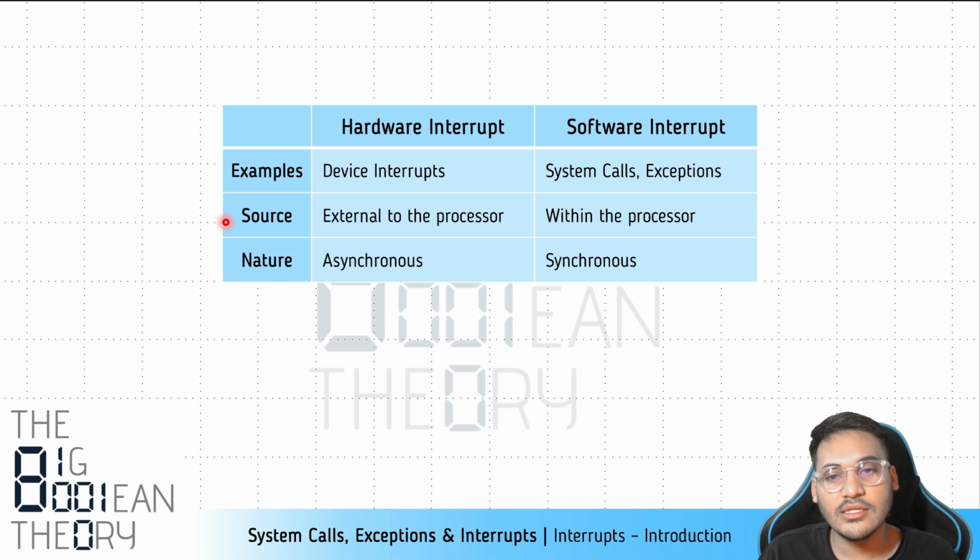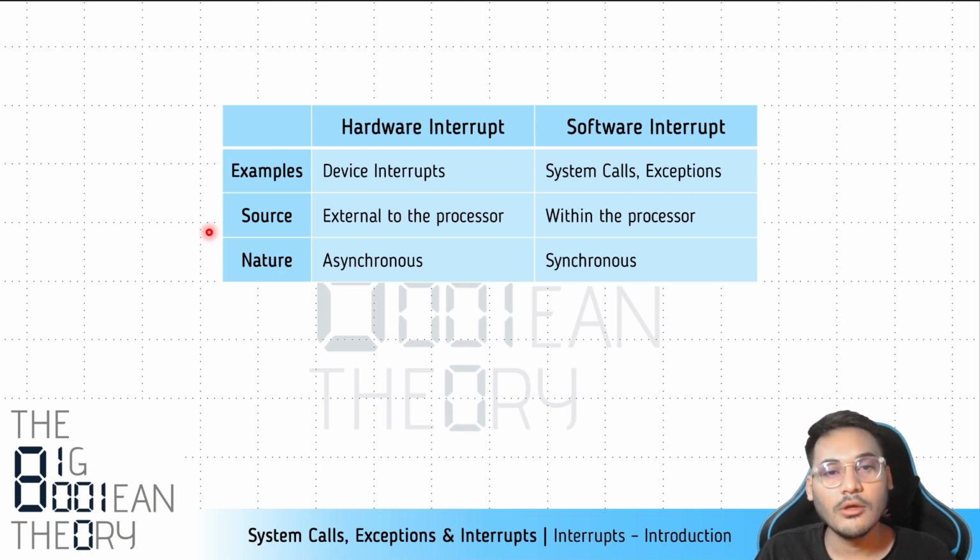And here the next thing is about whether the interrupt is external to the processor or within the processor. When we speak of hardware interrupt, the interrupt is coming from outside the processor. There are several components that make up the computer system, and CPU is one of the components. Apart from the CPU, there are a lot of IO devices and other electronic chips. So in case of the hardware interrupt, the interrupt is coming from external to the processor, from other components.